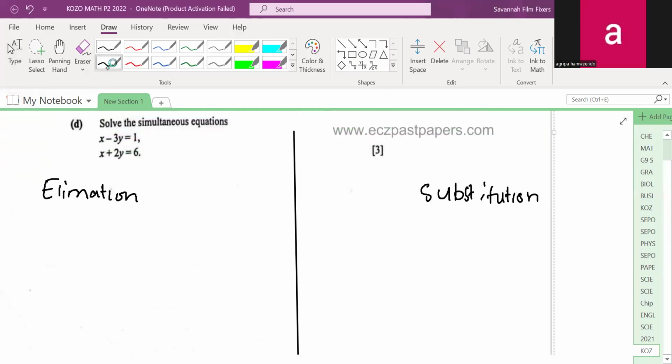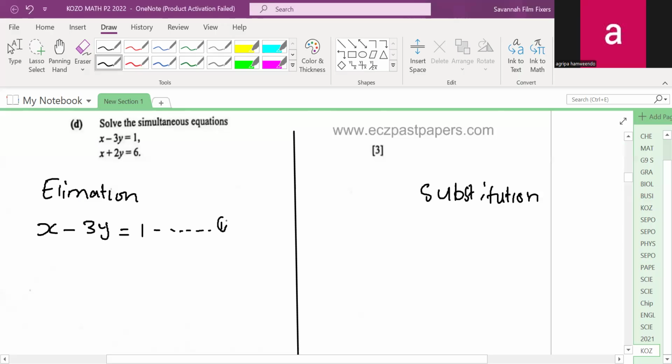So we'll start off with the elimination method. We have got this equation here, x minus 3y is equal to 1. You can even say this is equation 1. Then you can say x minus 2y is equal to 6. So you can say this is equation 2.